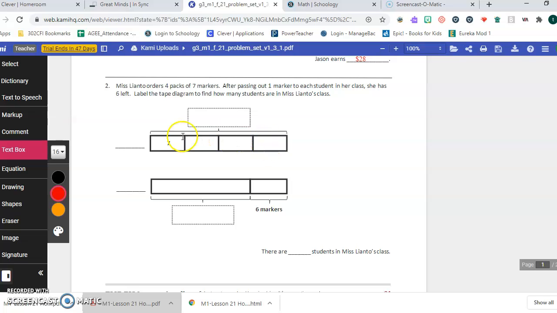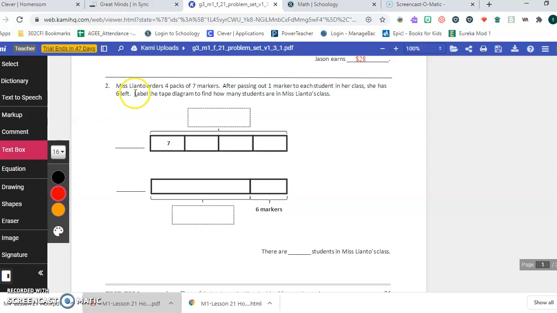I can tell right now the total number of markers is higher than the number of students in her class because she's got 6 left over after giving 1 marker to each student in her class. So you can see how I'm thinking through it as I'm reading it. I'm trying to make sense of it and make it real in my mind. I'm doing that visualization that I keep teaching every single day in our live lessons to make the story real.